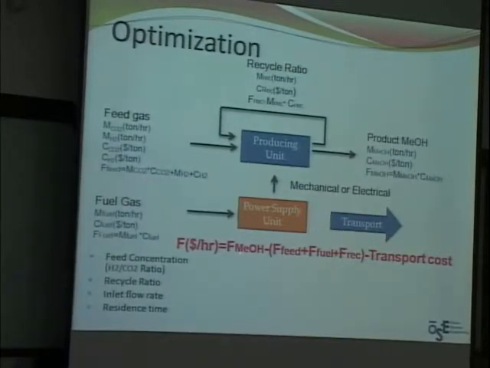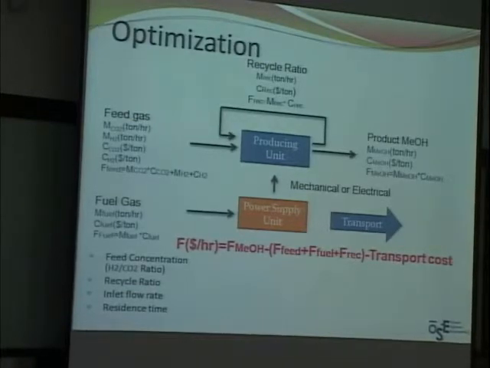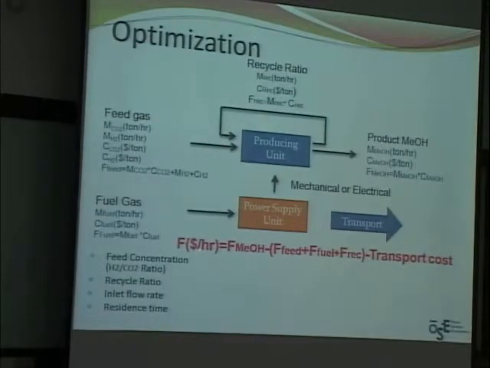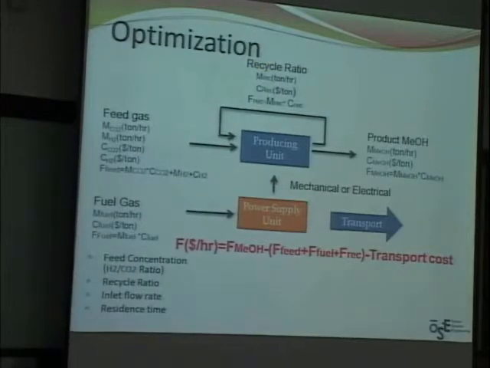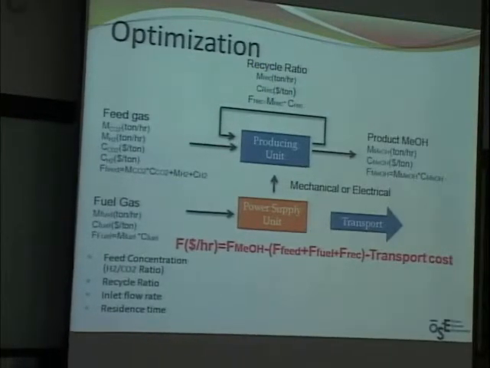Maybe this cost will depend on the conversion factor. And the second factor is the operation cost for the process. And the last parameter is the transportation cost. And then to maximize the benefit from the methanol, it means minimize the operation cost or the transportation cost.